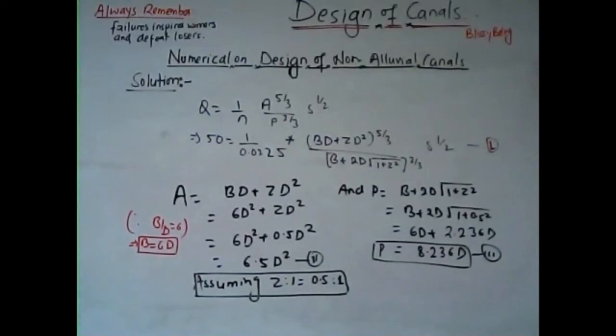If you substitute Z equals 0.5 and solve this, you will obtain the parameter P as 8.236 D, and the weighted area as 6.5 D square. You need to substitute these values of A and P in this expression so that everything is in terms of D. Then you can easily solve the problem.